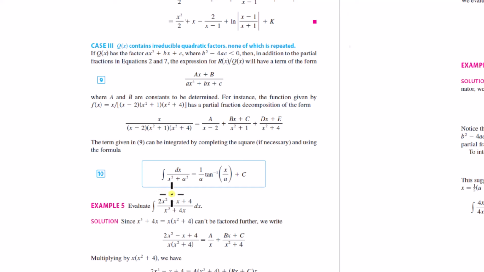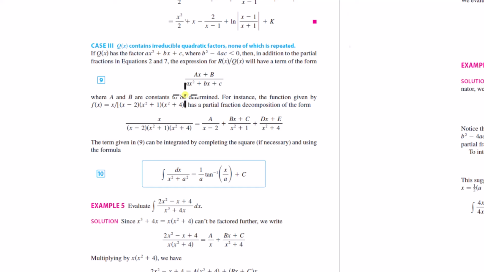We might have to complete the square and make a substitution, but given any quadratic, we can put it into the form x squared plus a squared. And so here they give an integral for when the a here is 0, so you just have a constant in the numerator. You can bring the constant out and you get dx over x squared plus a squared, and here's the integral.